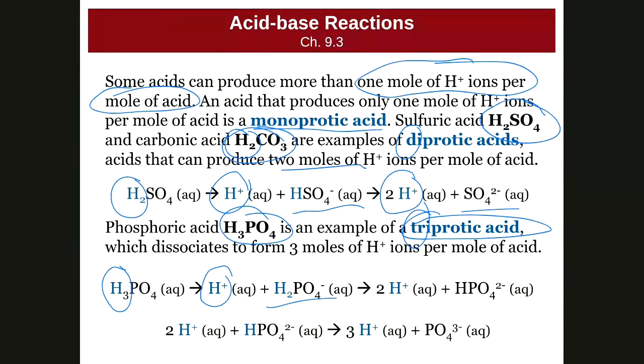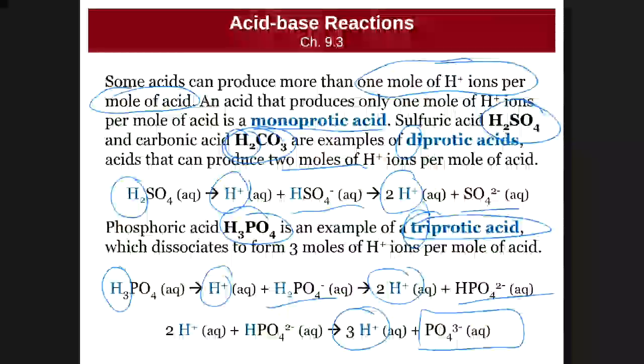It can produce 2 and this hydrogen phosphate ion, or it can produce all 3 and the phosphate polyatomic ion by itself. So if you ever see something that says monoprotic, diprotic, or triprotic, that's what that means. It's how many hydrogen ions are produced when it dissociates in water.